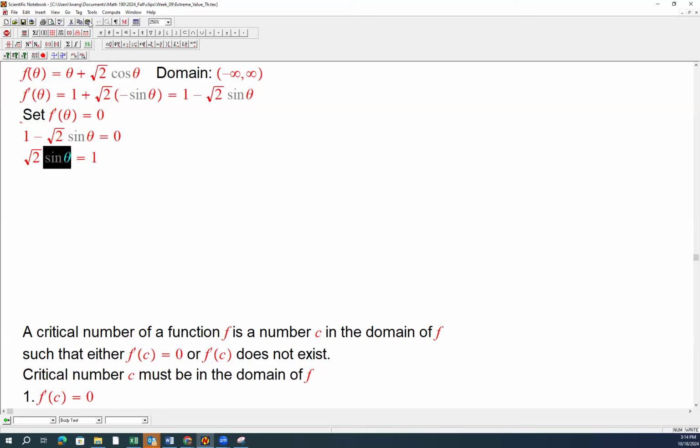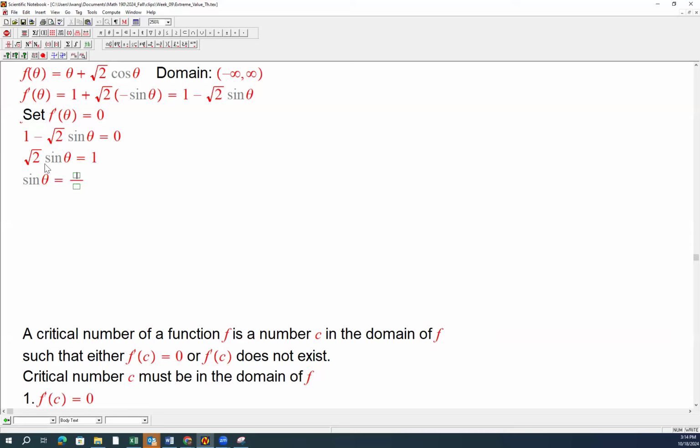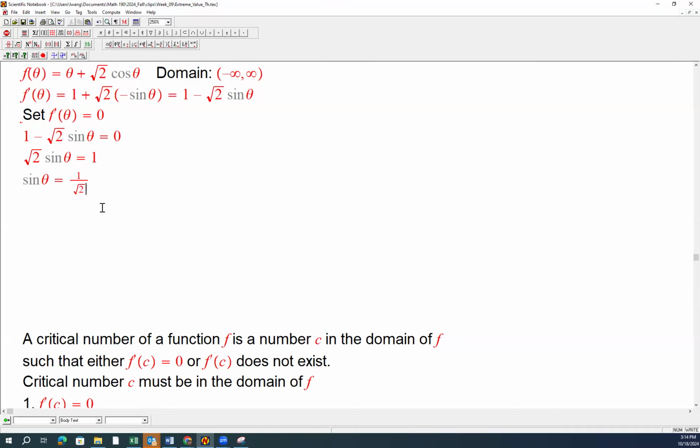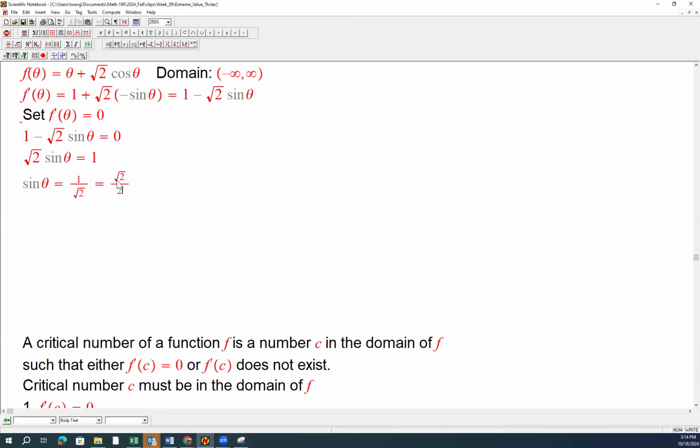And sine theta equals 1 over root 2, which is root 2 over 2. We know this is related to a special angle. If you are familiar with those, go for it.